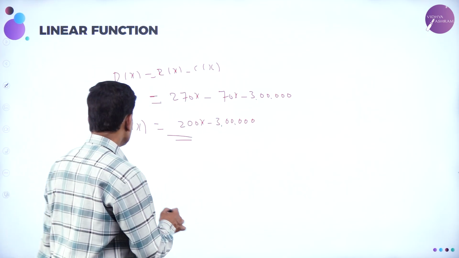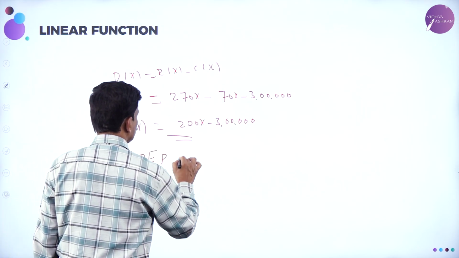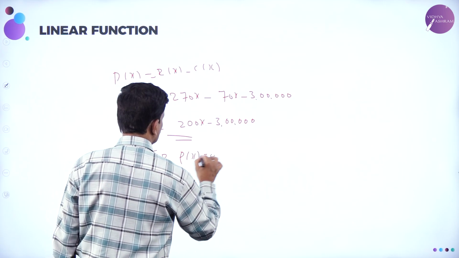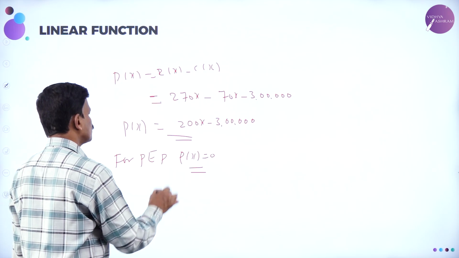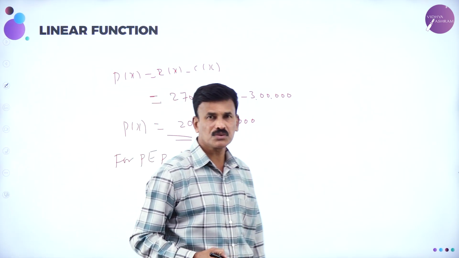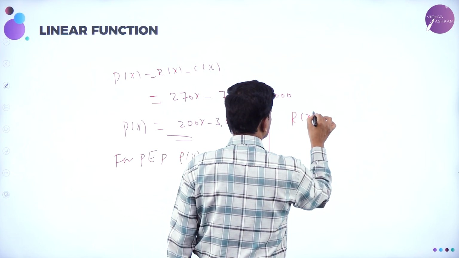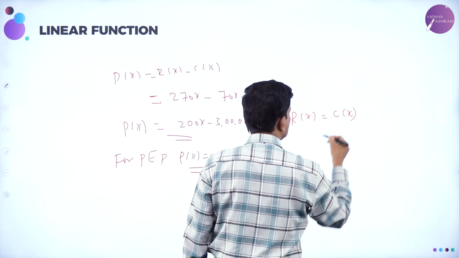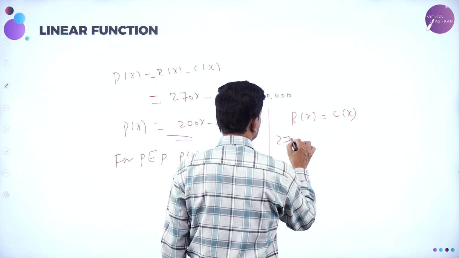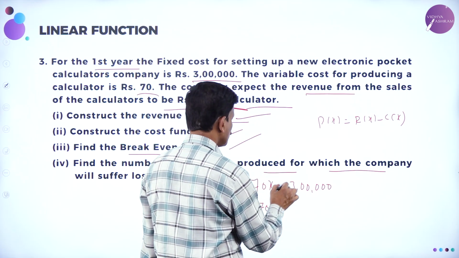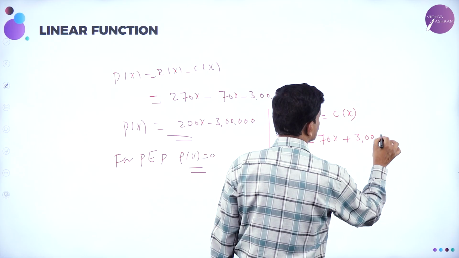Now the third one is for break even point, P of x is equal to 0. So for break even output, P of x is equal to 0, right. Now let us equate, R of x is equal to C of x. What is R of x? 270x is equal to C of x, which is 70x plus 3 lakhs.